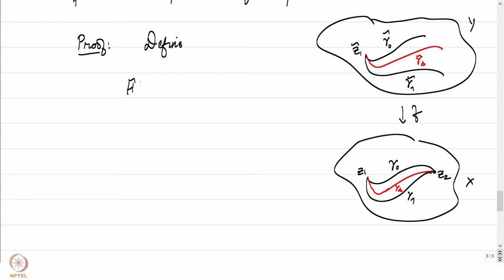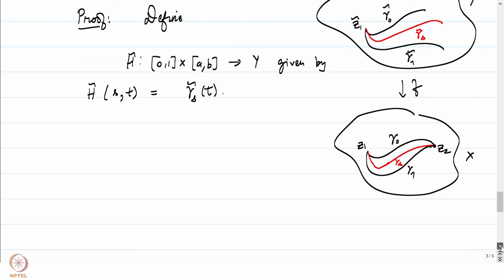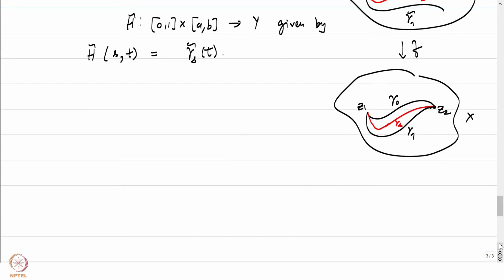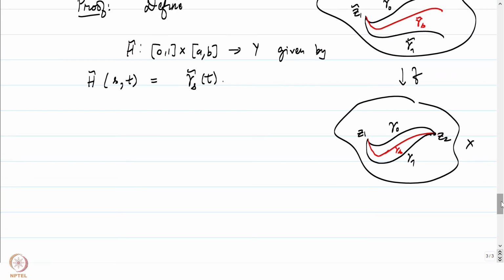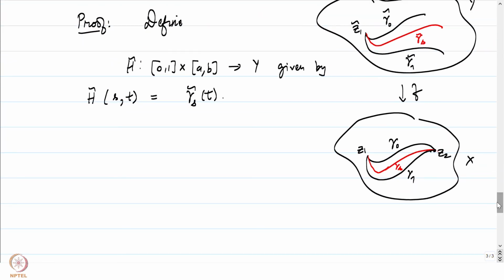Define H tilde from [0, 1] cross [a, b] into capital Y given by H tilde of s comma t is equal to gamma s tilde of t. It's not even known whether this map is continuous. That's the first goal. In fact, the most difficult part is going to be to show that this is indeed continuous. But before we get into it, let's try to prove that this is a continuous map.